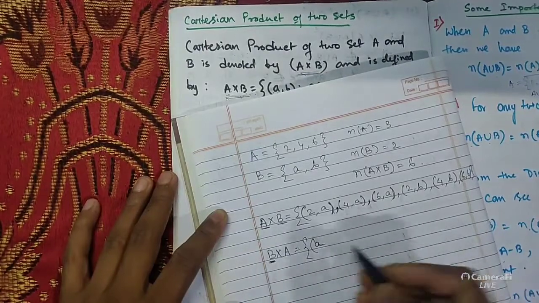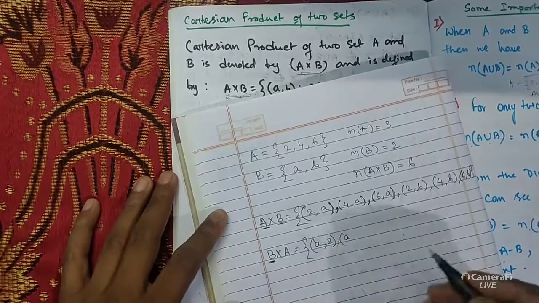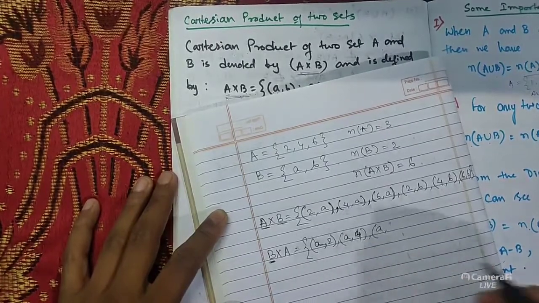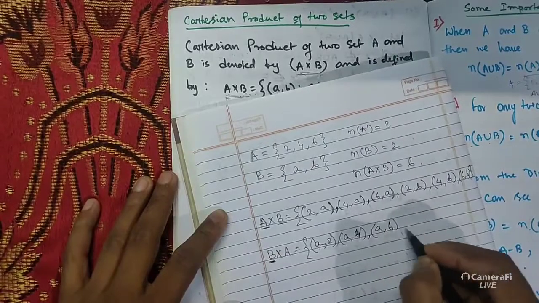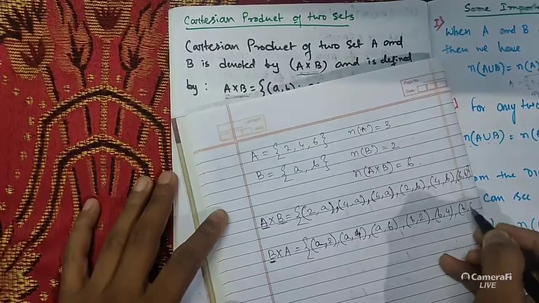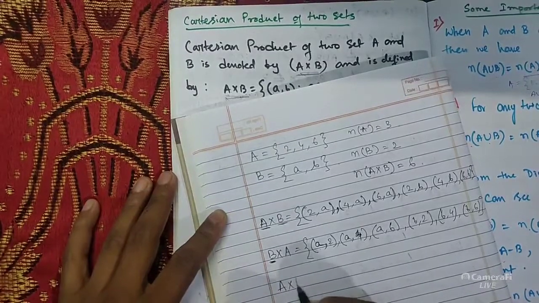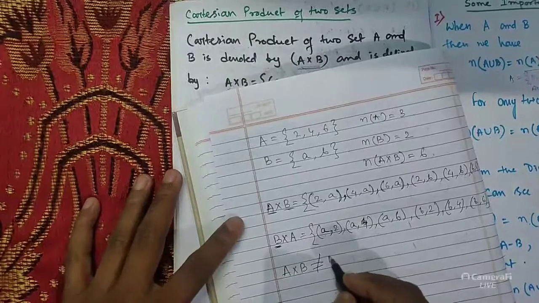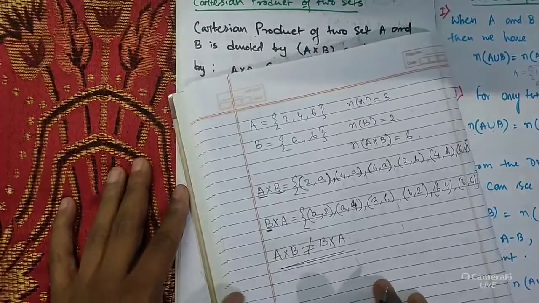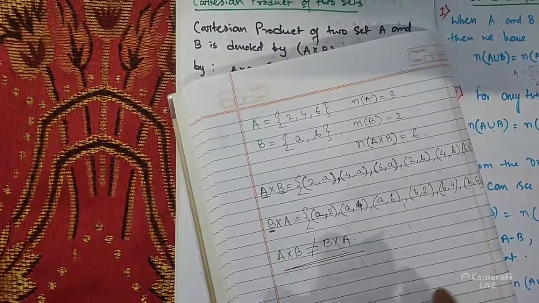Now if you take a, you have to take a comma 2, this is one element, a comma 4, a comma 6, and b comma 2, b comma 4, and b comma 6. So clearly A cross B is not equal to B cross A. That means the Cartesian product is not commutative under multiplication. Got it?